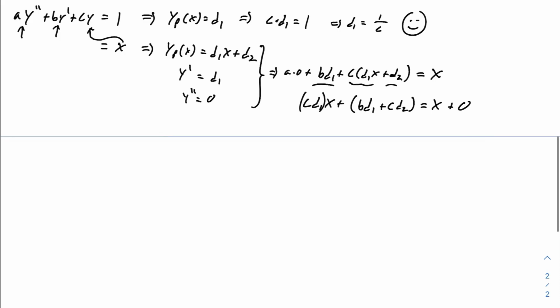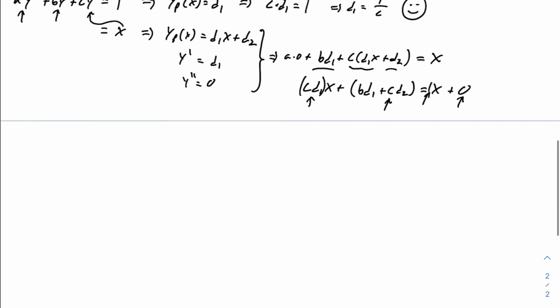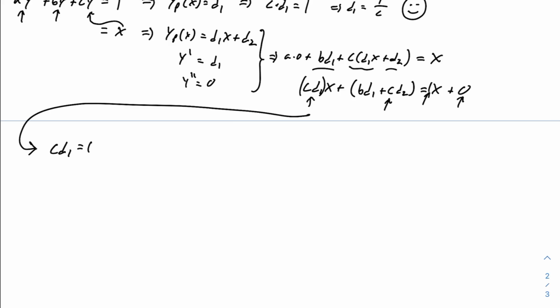Okay, so we can match our coefficients. So this coefficient is 1, match that with this coefficient, and then this coefficient is 0, so match it together. Okay, so doing that, we get c d1 is equal to 1, and then we also get b d1 plus c d2 is equal to 0.